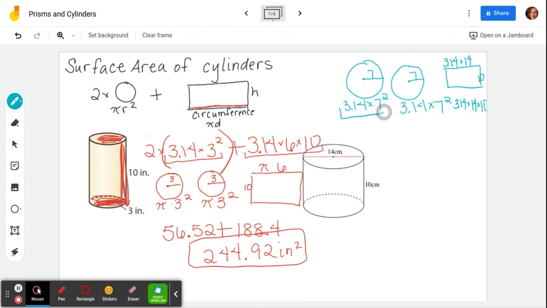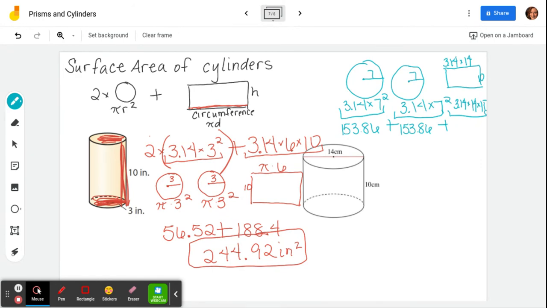I'm going to find the area of each one of those, and then for the total surface area, I'm going to add them together. Okay, so grabbing my calculator again, I'm going to do 3.14 times 49. That gives me 153.86. This circle is also going to be 153.86.